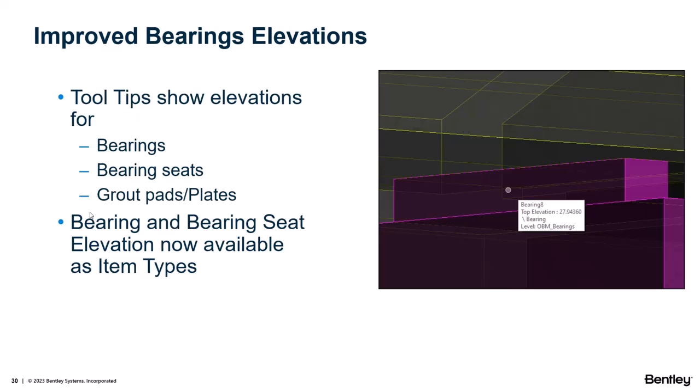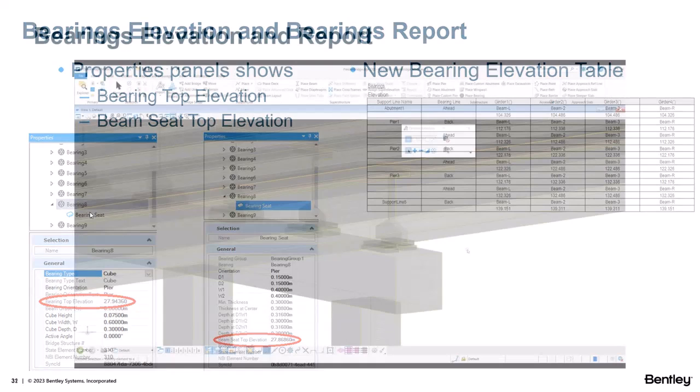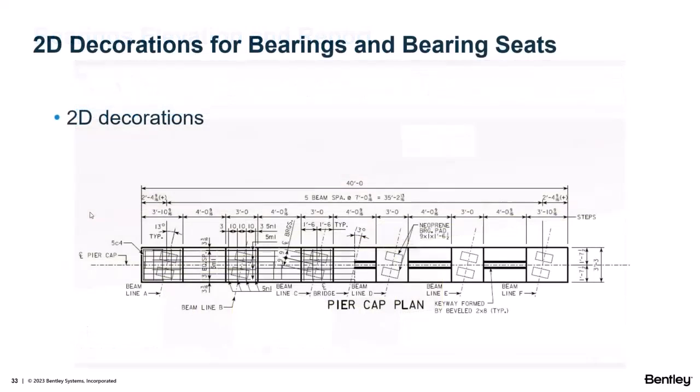And then you can just quickly query these, just hovering on the beam seat to get the top elevations there. And then use it on item types, get access to that information, and maybe compose a table for that. So that's a bearing seat elevations report.